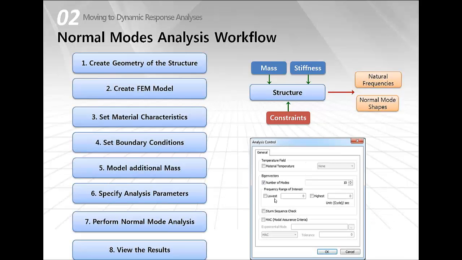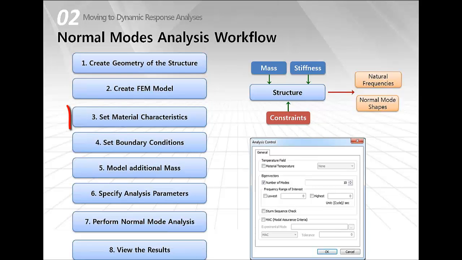Okay, so now you see the workflow for the normal modes analysis. The first step is to create the geometry of the structure. We can import a CAD file or create geometry manually. The second step is to create the FEM model using, for example, the AutoMesh function, or you can use manual element creation tools.